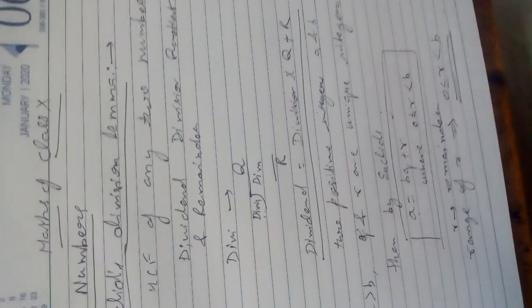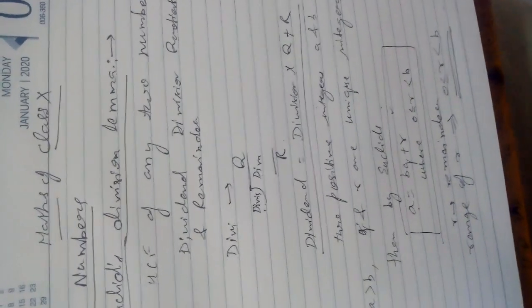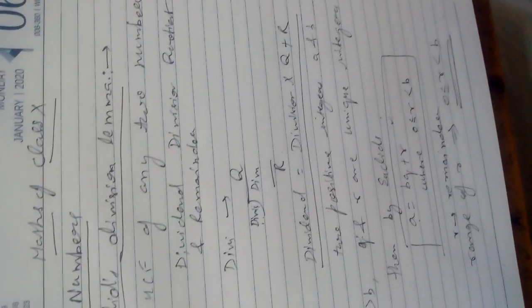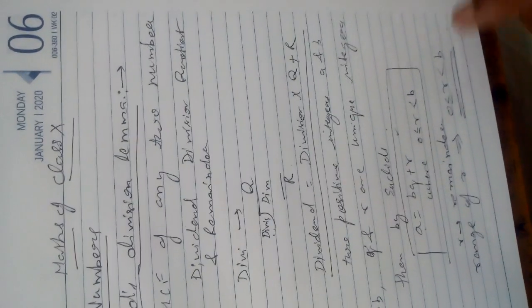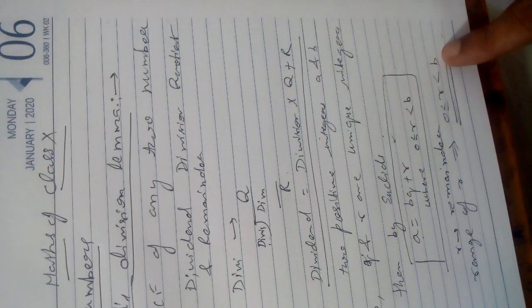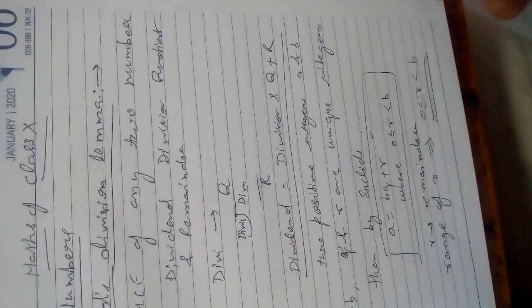If your question is the range of r, then r will be always equal to 0, or greater than 0 but never greater than b. b is the divisor.